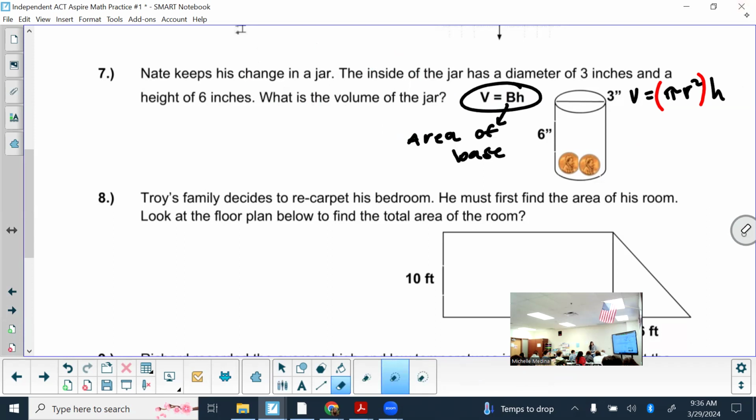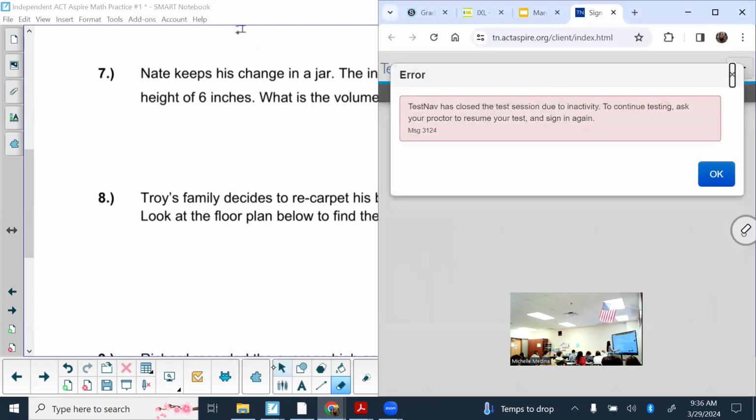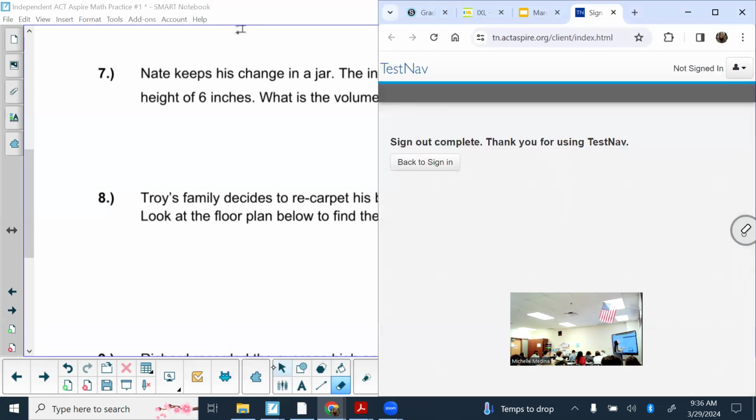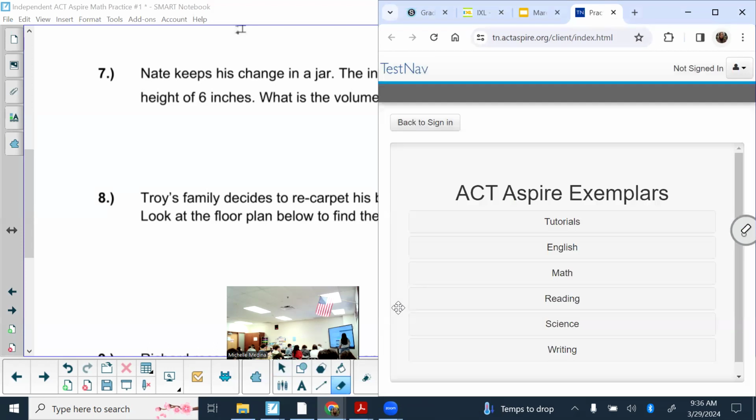And you need to be practicing with the calculator you plan to use on the real thing. So if you don't have a real calculator, then it has to be this one. I know it's tedious and annoying, but there are some little nuances.